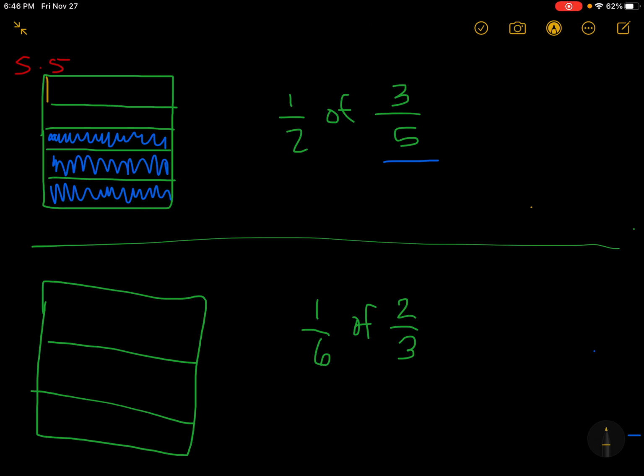So if this were my box outline, I need 2 for the whole, and I'm only going to be filling in one of them. And I only fill in the portion that is already filled in from the previous fraction's model.